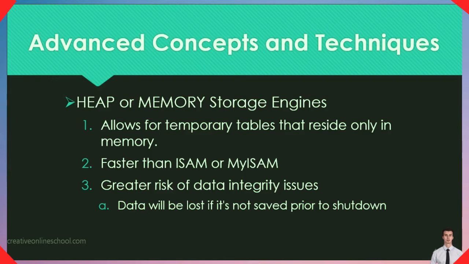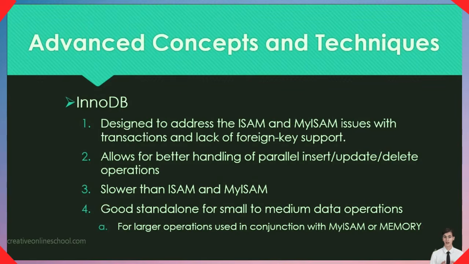The last storage engine I'm going to talk about, and the one you may remember us selecting earlier in our databases, is called InnoDB. It was designed to address the ISAM and MyISAM issues with their transactions and their lack of foreign key support. This allows for better handling of parallel inserts, updates, and deletes, so they're not likely to interfere with each other.